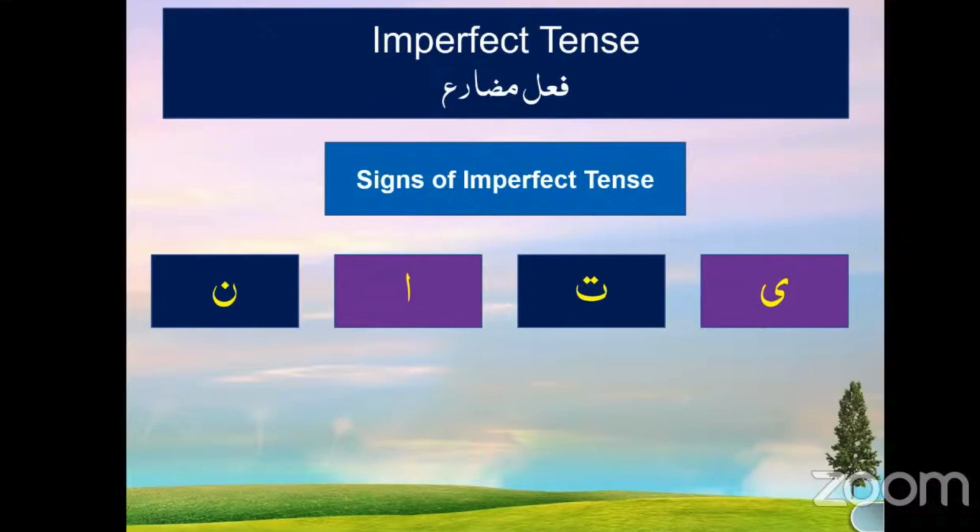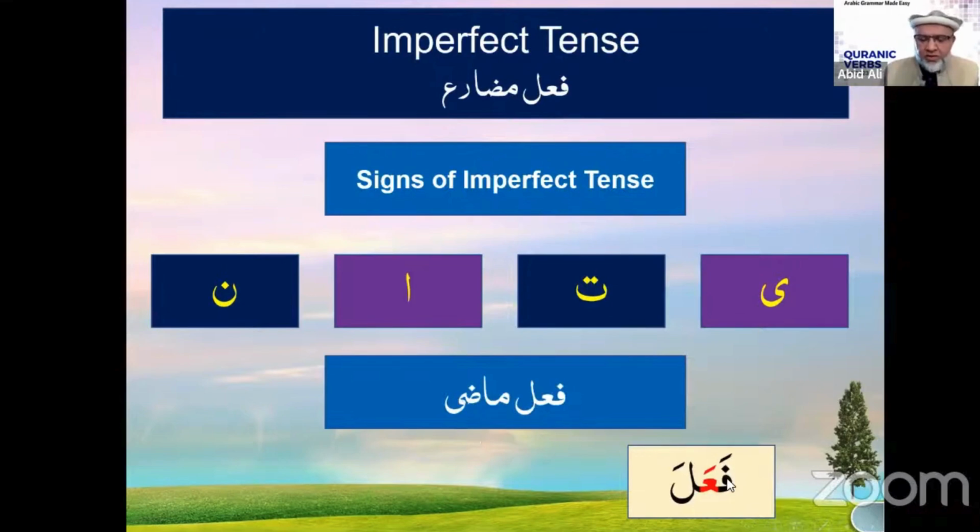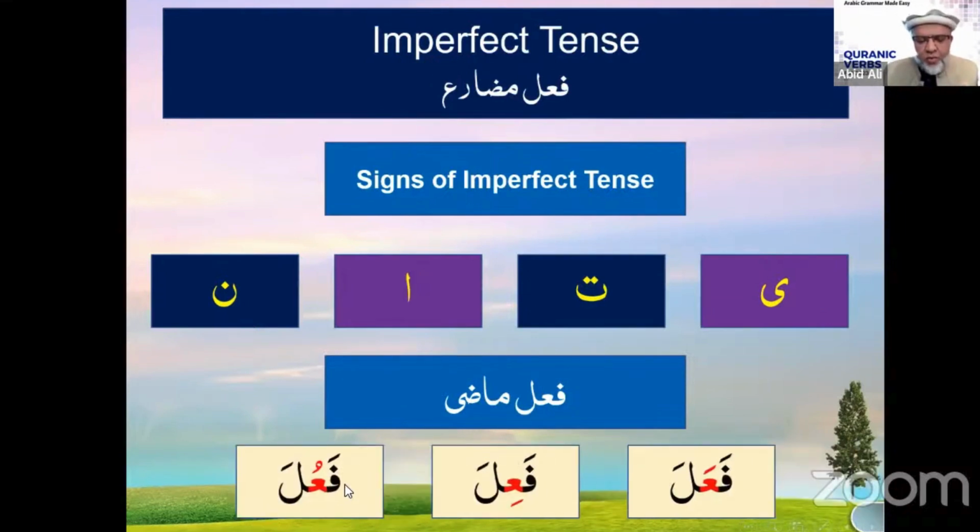Now, if you remember, I took a special class to say that in Failul Madi, you're going to come across fa'ala, which is the red one. The haraka only changes on the ain kalima, right? So how many variations can we have? Fa'ala, fa'ila, and fa'ula.